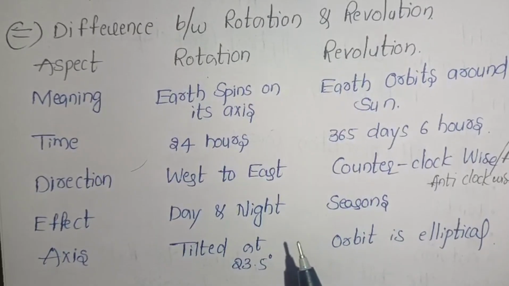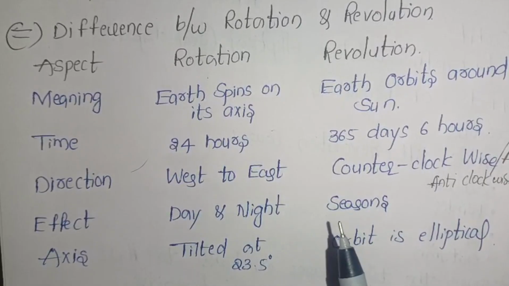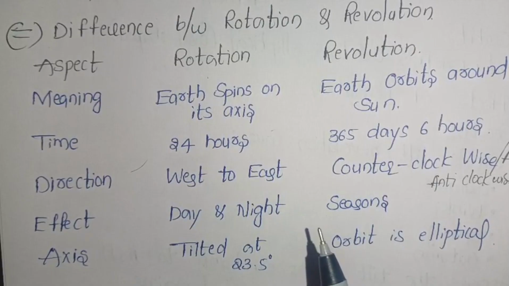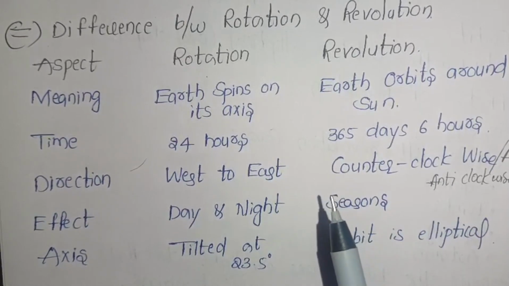Now I also want to tell you why the polar regions stay dark for months. Because of Earth's tilt, during the winter the poles face completely away from the Sun. Why does the equator always stay hot? Because it receives vertical sunlight throughout the year.